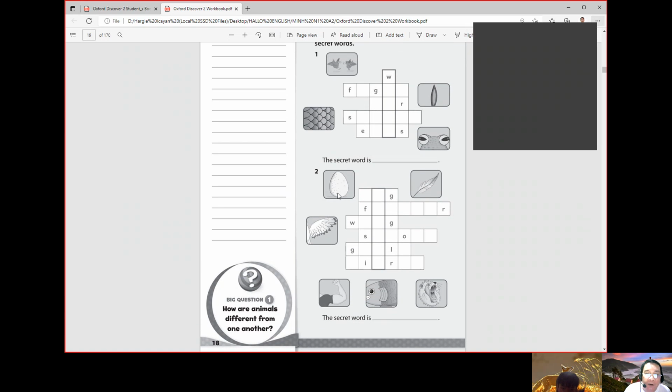Okay, what about this? Of course, it's very obvious. This one is egg. Very good. So the first letter is G. Next, this one is feather. Feathers.